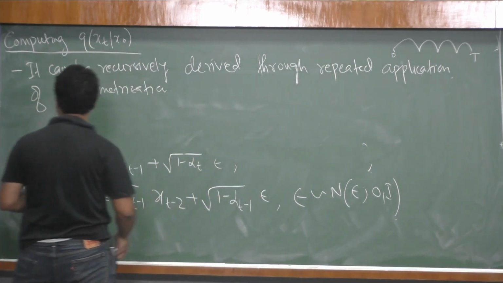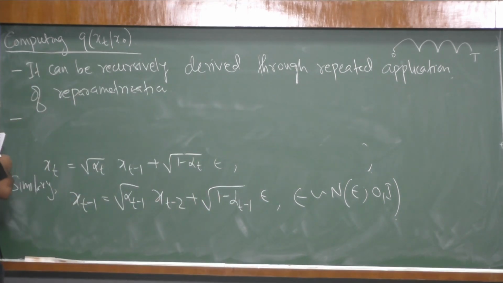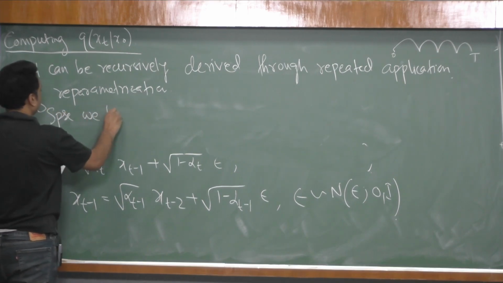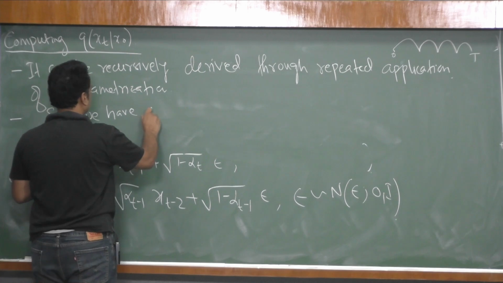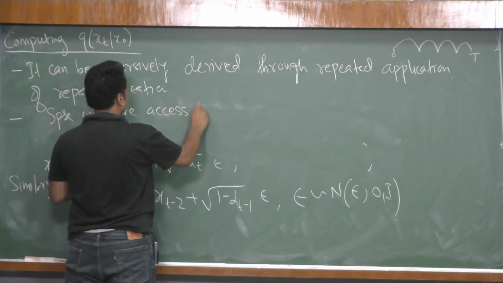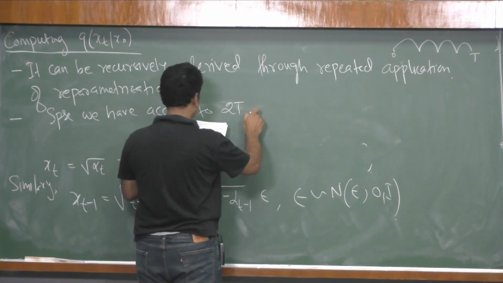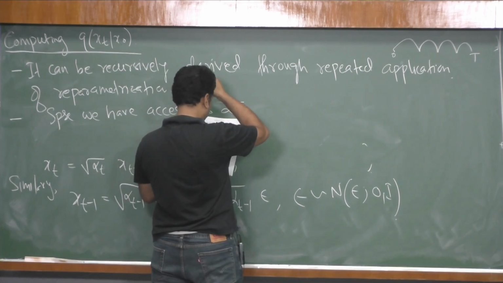So then suppose we have access to 2T, okay, so I will take one more. We will see how all this will be used.